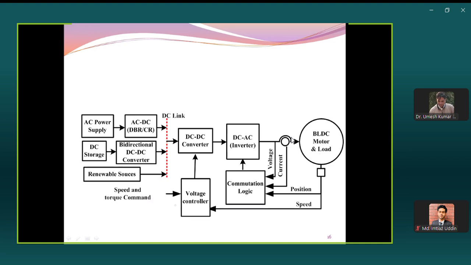This is a closed loop where we can control the DC-DC converter, or we can control the commutation logic. In the current control method, we control the inverter current. In the voltage control method, we control the DC-DC converter voltage.